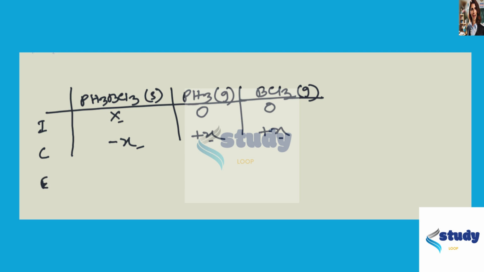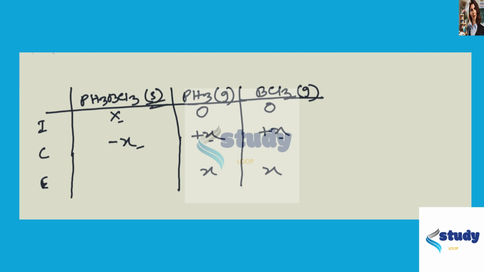And then at equilibrium we will ignore the reactant concentration since it's a solid, and as we know, in the equilibrium expression we don't need the solid concentration. So for that reason, we'll just write down the equilibrium concentration of each of our products, which will be x for both of them.